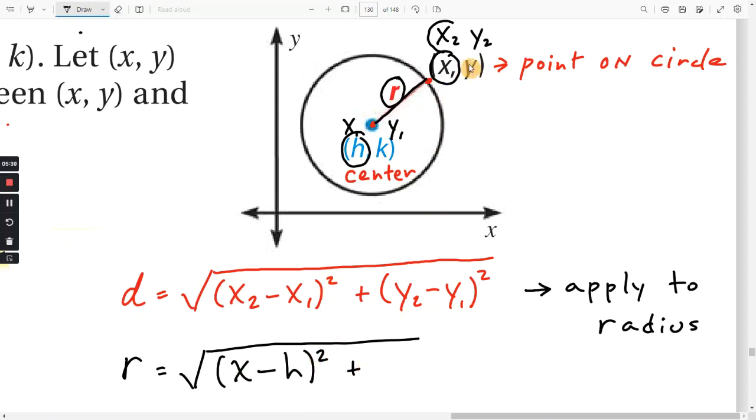And then subtracting the y's, we're going to do y minus k, and that gets squared. So I just plugged in x for the x2 value, and I plugged in y for the y2 value. I plugged in h for x1, and I plugged in k for y1, and that's what you get.